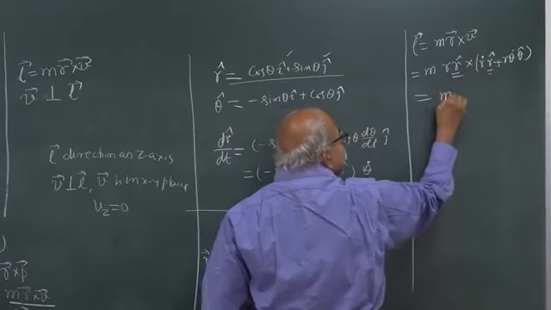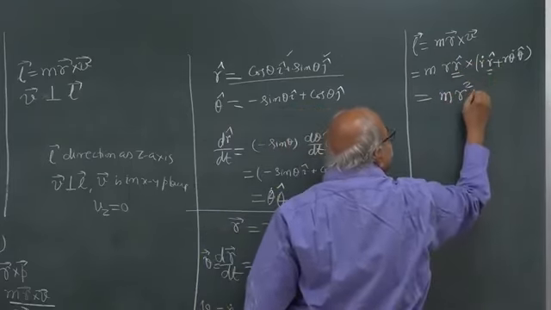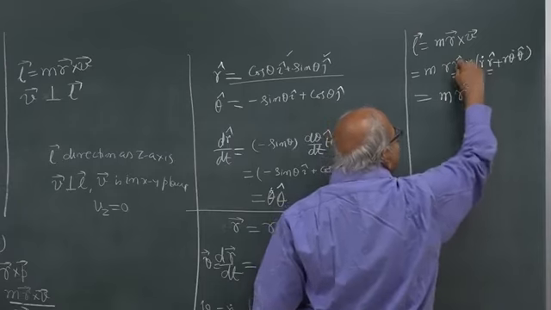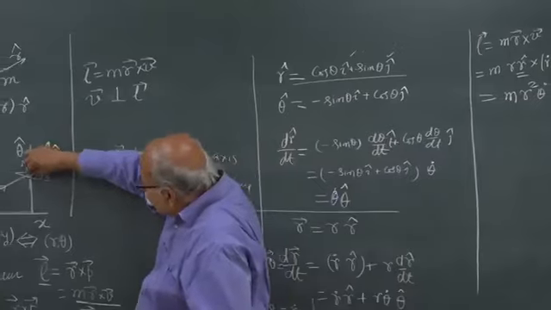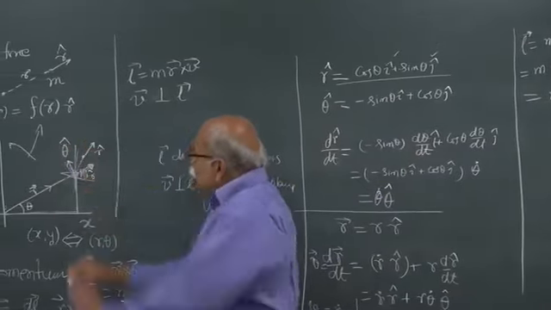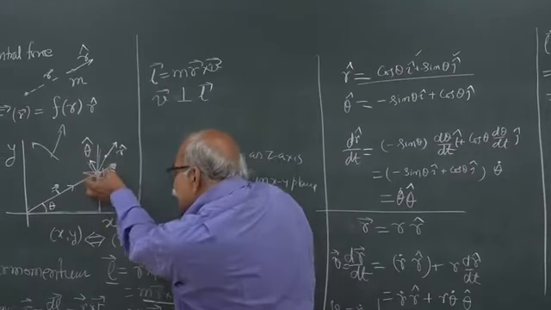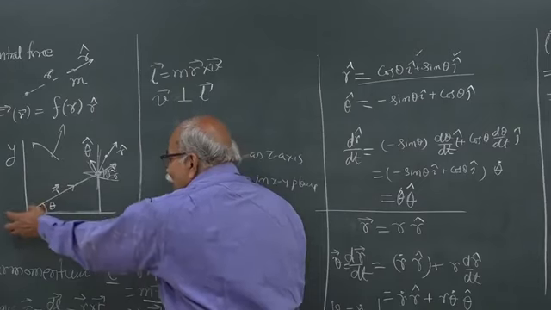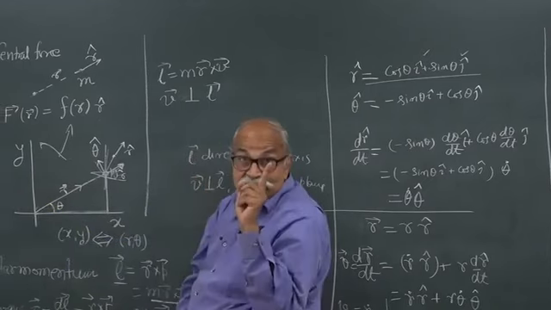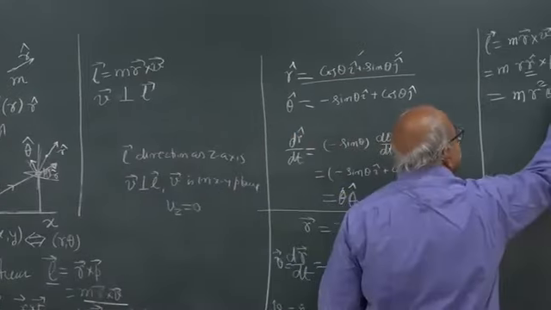So, it is m into r and then r theta dot, r cap cross theta cap. Come back here. Here is r cap and here is theta cap. So, what is r cap cross theta cap? This is a unit vector in this perpendicular direction, and that is z direction. So, this is k cap.